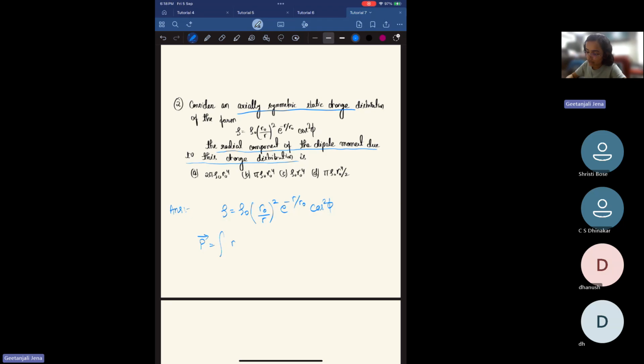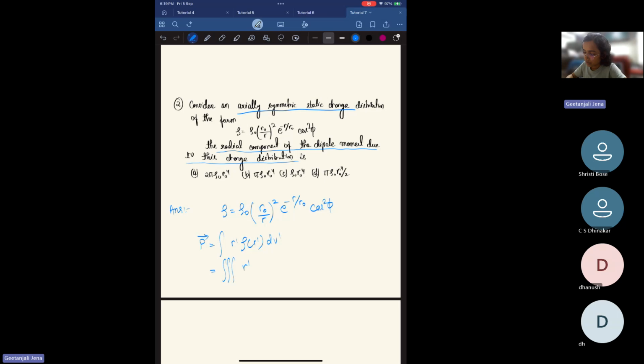So dipole moment is nothing but r prime rho r prime dv prime, right? So r prime is r. Let us keep it as r prime only.